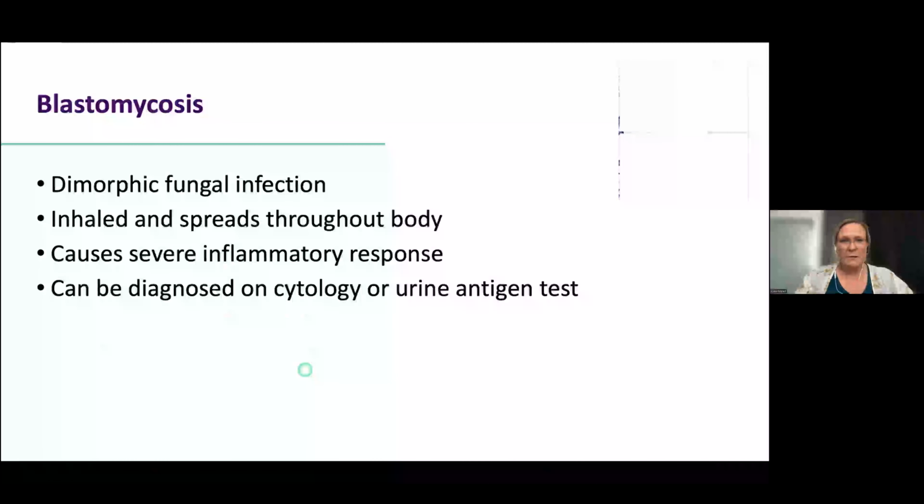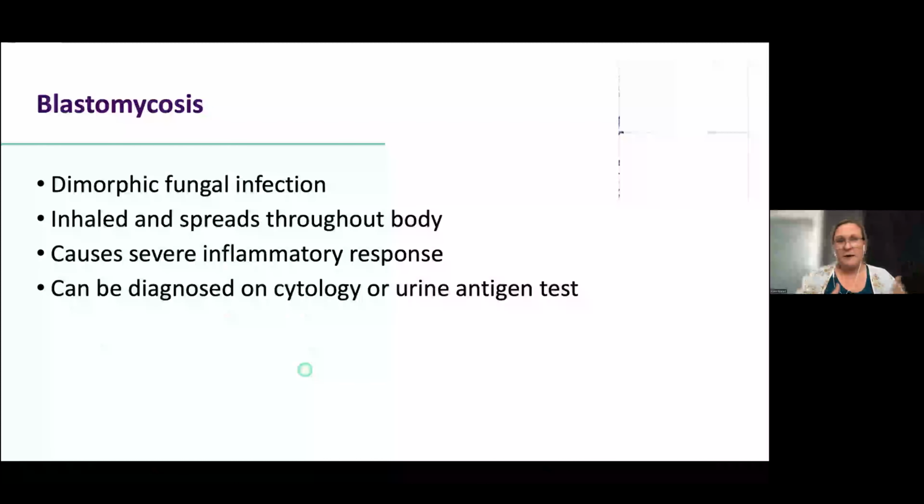So a few things about blastomycosis as we're wrapping this interesting case up. Blastomycosis is a dimorphic fungal infection, which means that it lives in different forms in the environment versus in the animal. So what happens is the animal inhales the environmental form, it transforms to the yeast form once it's at body temperature, and then it can travel all over the body.